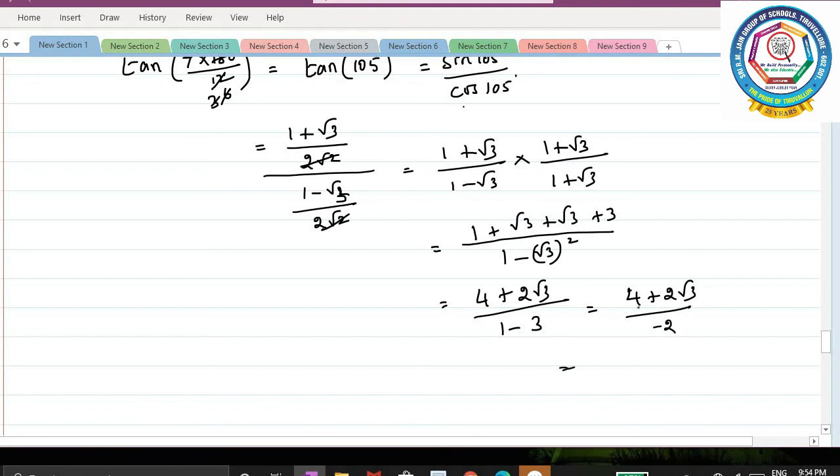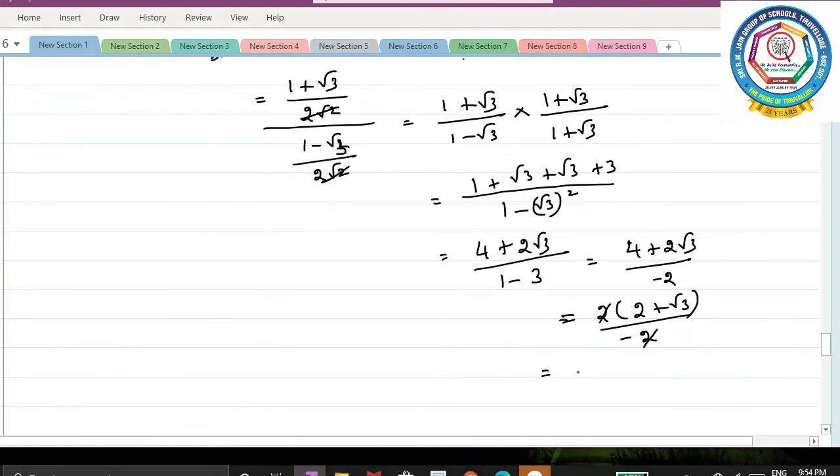In this term I can take the common factor 2. If I take 2 outside, 2 plus root 3 by minus 2. Minus 2, the 2 will cancel. So what the remaining will come? Minus of 2 plus root 3. So tan of 7 pi by 12, that is equal to minus of 2 plus root 3.